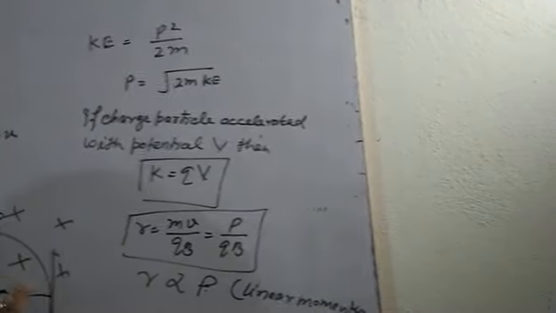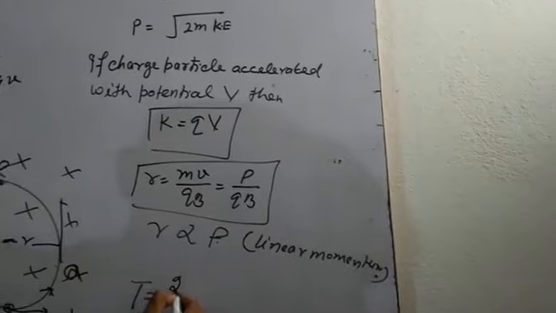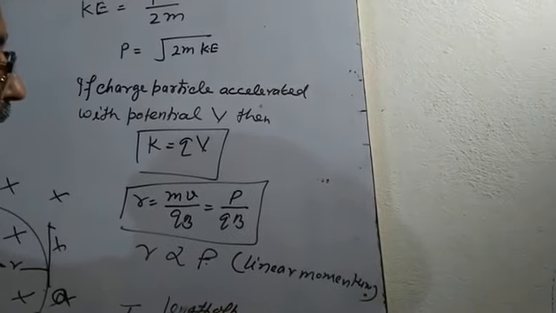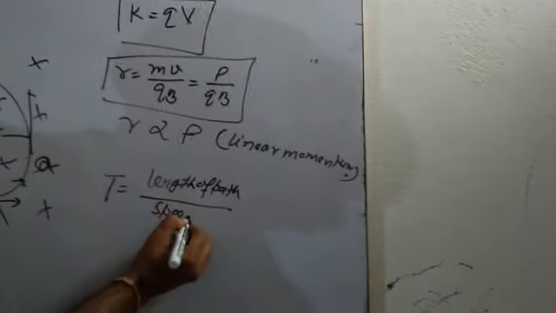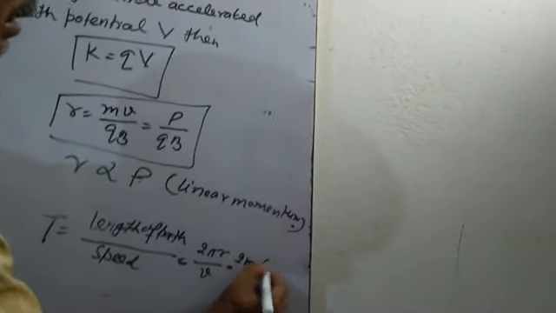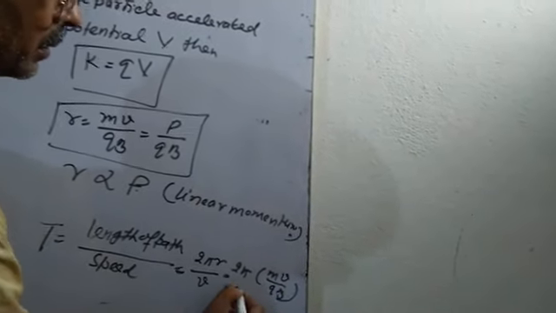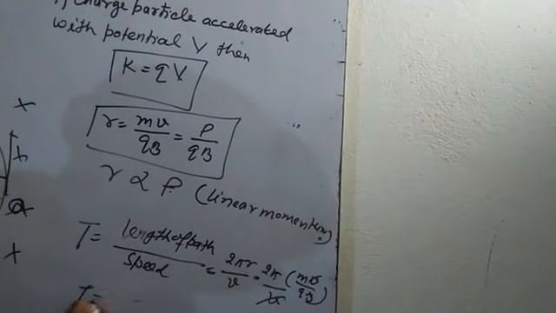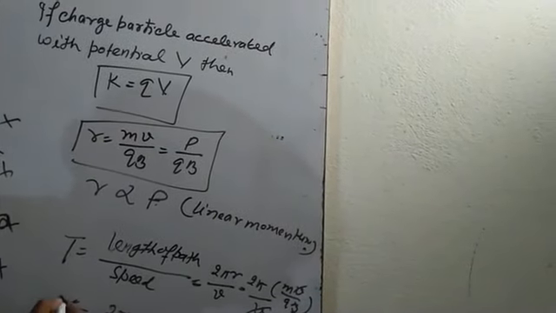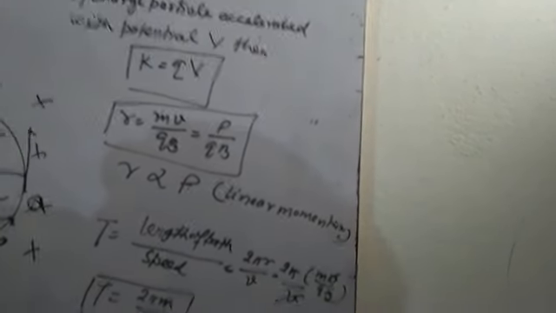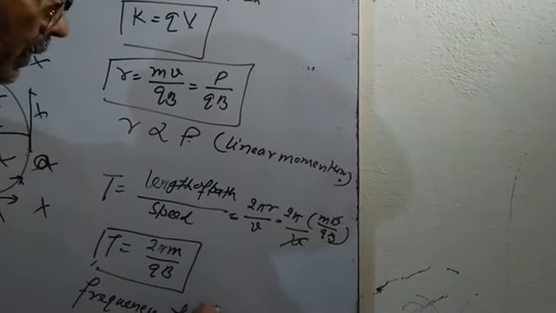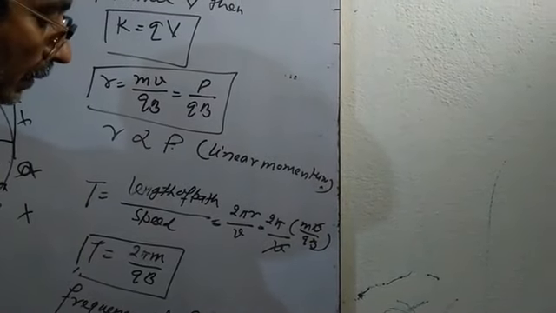Time period: the time taken to complete one revolution, that is the time period, equal to length of path upon speed, that is 2 pi r by v, 2 pi times m v upon q B by v, v cancels, T equal to 2 pi m upon q B. Frequency f equal to the reciprocal of the time period, q B by 2 pi m.